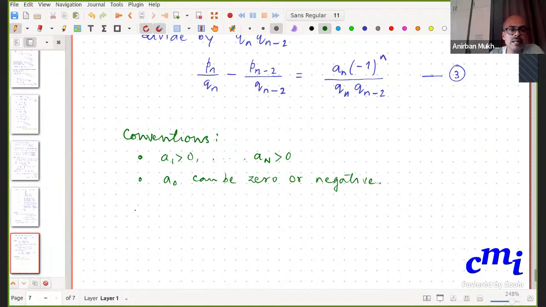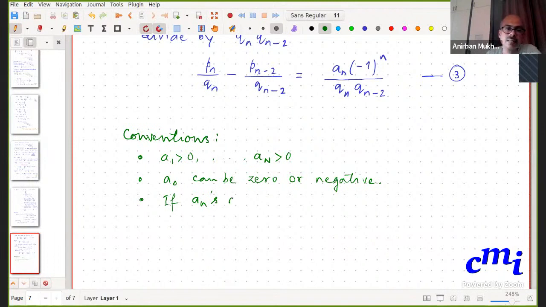Most of the time we are going to work with integers. Henceforth that will be our standard assumption unless we say something else for some results.